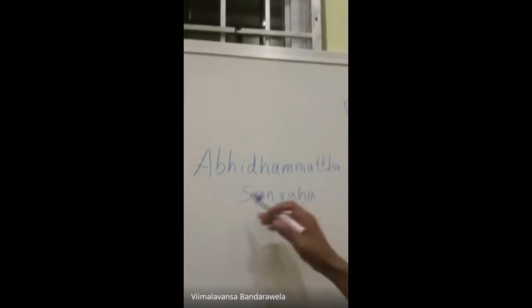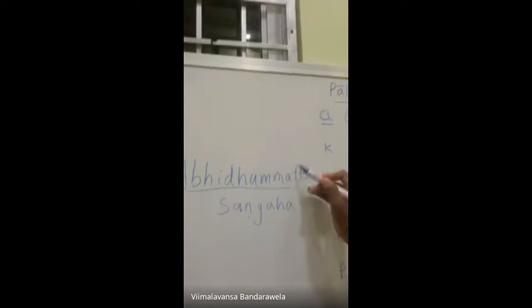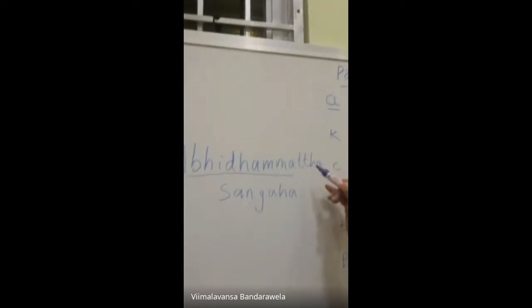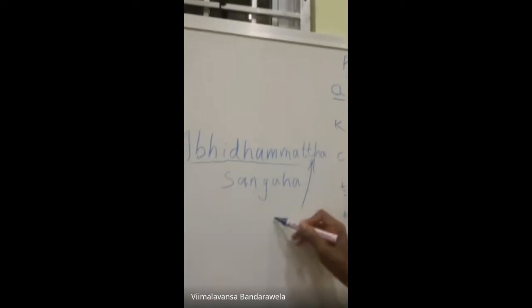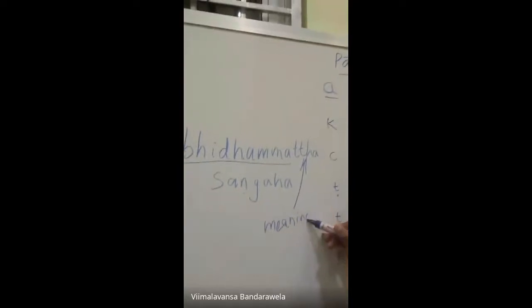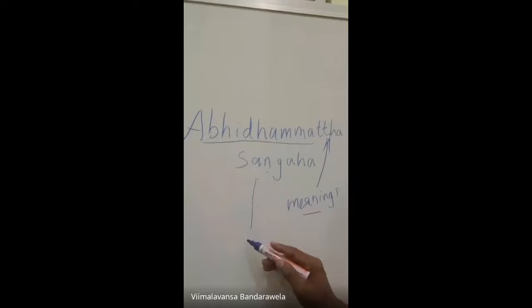Abhidhammattha Sangaha means, Abhidhamma means the great Dhamma. Attha, spelled A-T-T-H-A, means the meaningful. Sangaha means the treatise.